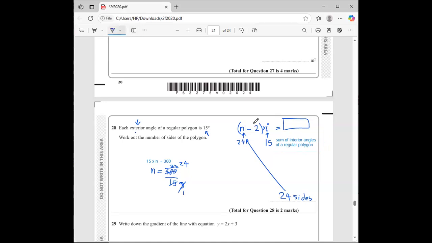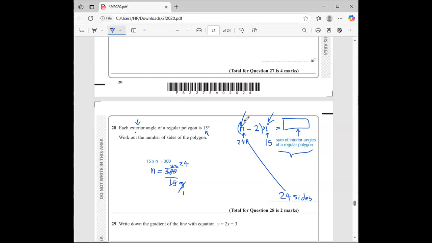It will give you the number of sides, and then it will give you one of the interior angles. Now on the flip side, the question can tell you the sum of interior angles, and then ask you either for the size of one of the interior angles or for the number of sides that the polygon has.